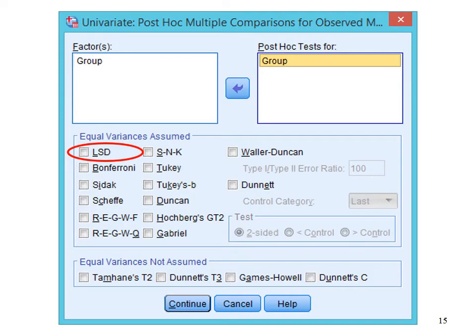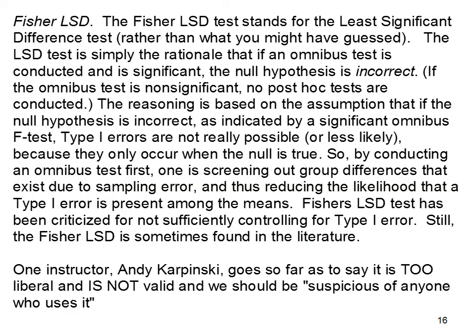Then there is LSD. LSD is kind of a basic one because it is no correction at all. The Fisher LSD test, or least significant difference test, draws on the rationale that if an omnibus test is conducted and is significant, the null hypothesis is incorrect.